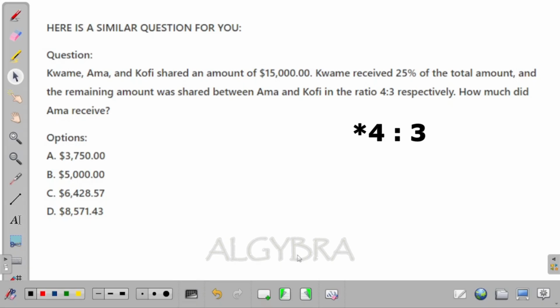How much did Ama receive? Option A is $3,500.00. Option B is $5,000.00. Option C is $6,428.57. Option D is $8,571.43.